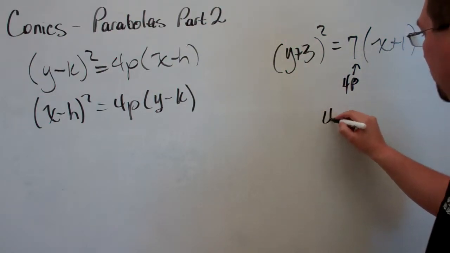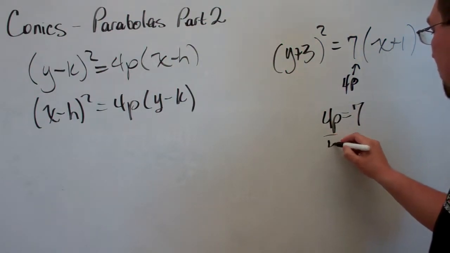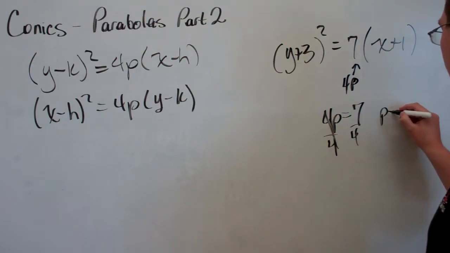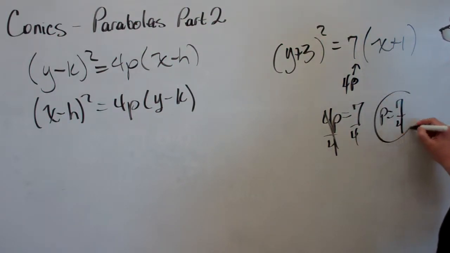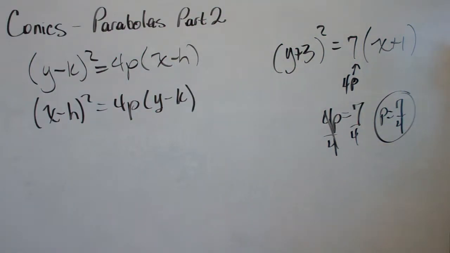So you still set 4p equal to 7, divide by 4, p equals 7 over 4. So p can be a fraction. You still use it the same way. You either add it to or subtract it from your center point, whichever way it opens, x or y, just like you would if it was a whole number. So it still works the same.